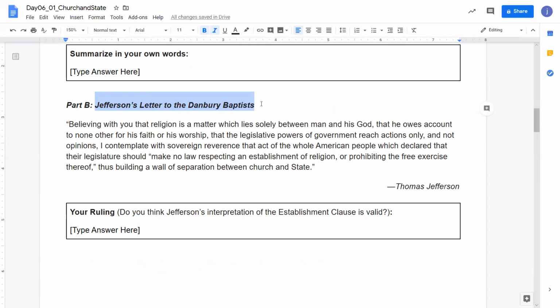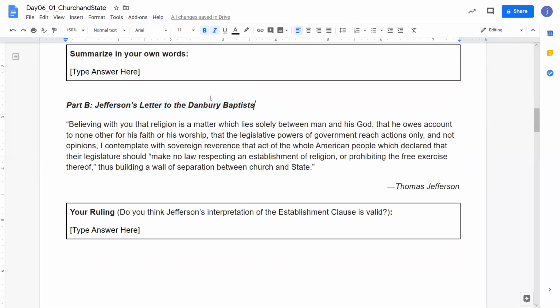Thomas Jefferson, at this time, was the third president of the United States. He's writing a letter to the Danbury Baptists. The Baptists are a religious organization, a subcategory of the Christian religion. And Danbury just refers to where they're located, a place in Connecticut. So he's just sending a letter to this group.